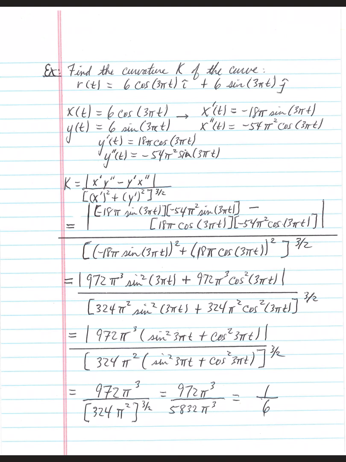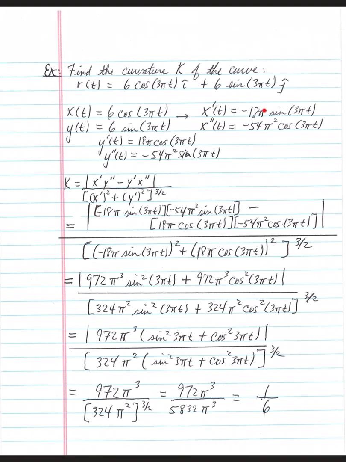Now this formula you can use for the vector valued functions where you only have two components. First derivative of x times second derivative of y minus first derivative of y times second derivative of x. So it's the absolute value of that product.